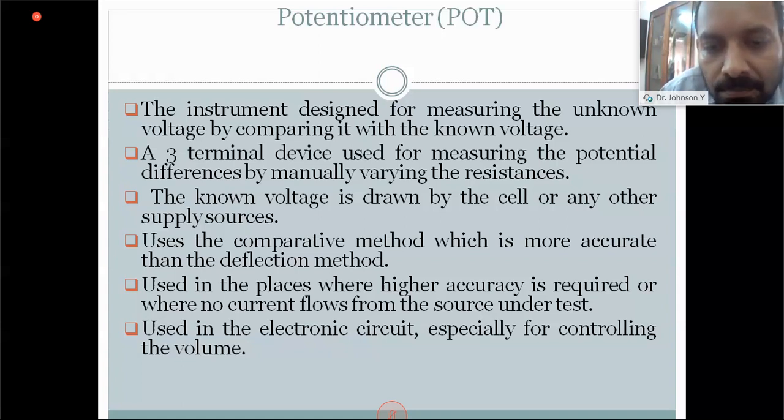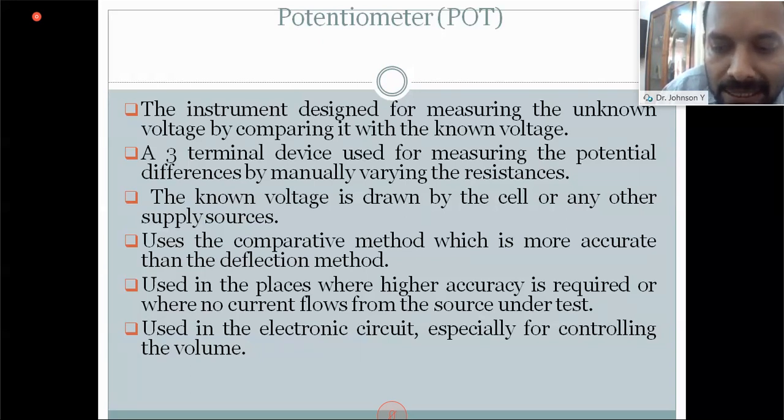By varying that middle terminal, we can vary the total resistance in between, or the output resistance can be varied. I told earlier that there is a known voltage available, and that known voltage can be a cell or any other known reference supply source.